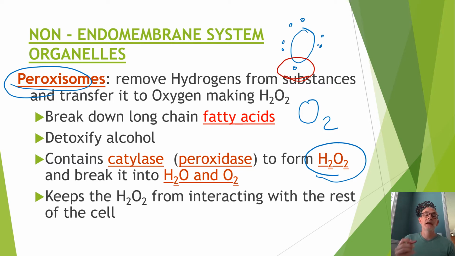So what the peroxisome does is it makes the peroxide, then it contains this enzyme catalase or peroxidase, and it breaks that down into water and diatomic oxygen, which are both safe. So it takes something really harmful, makes it into something less harmful, and then makes it into something safe.